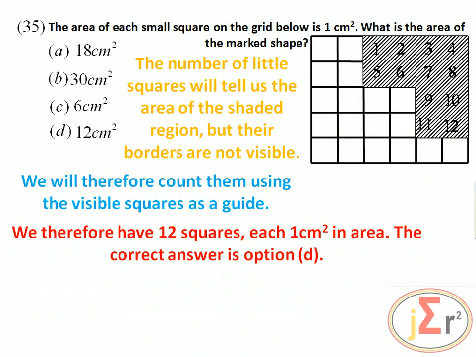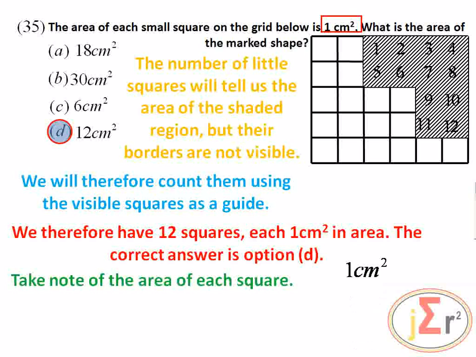Apart from counting and just saying that we have 12 squares, so we have 12 centimeters squared, how are we sure? Which is option D. 1 centimeter squared, that is the area of each square. So in order to tell the area of the entire region, we take the area of 1 square, which is 1 centimeter squared.